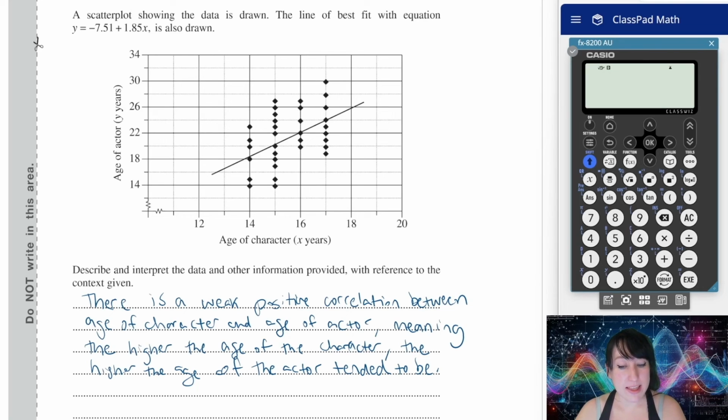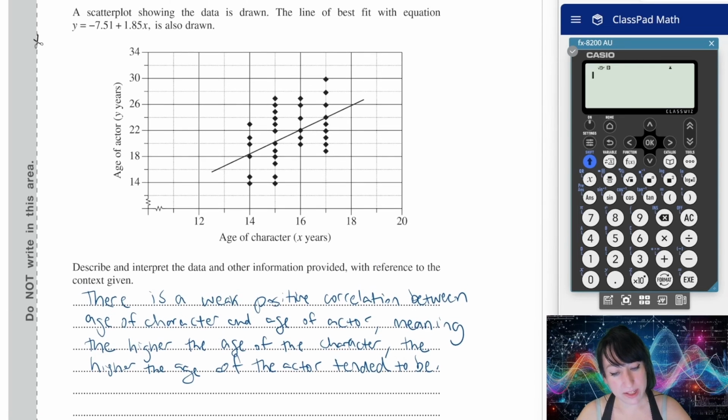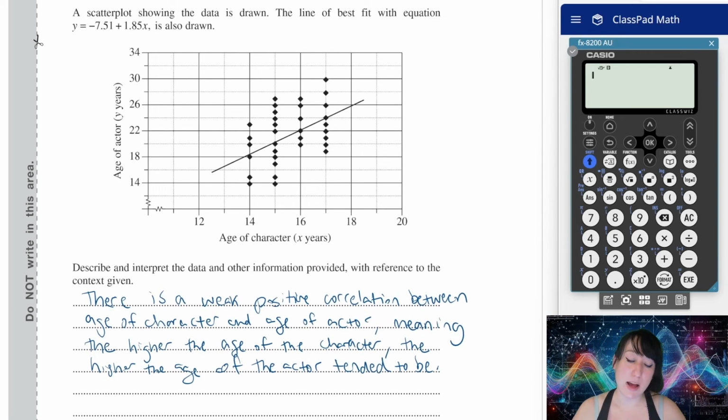Now, let's bring the equation of the line of best fit into it. The most important part here is going to be the gradient. This is an example where the y-intercept doesn't have a lot of meaning here.